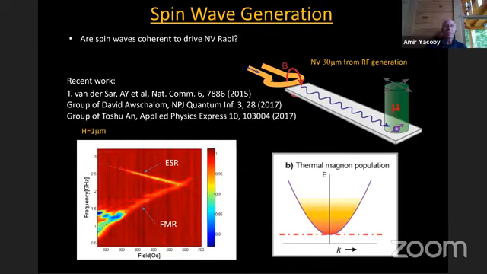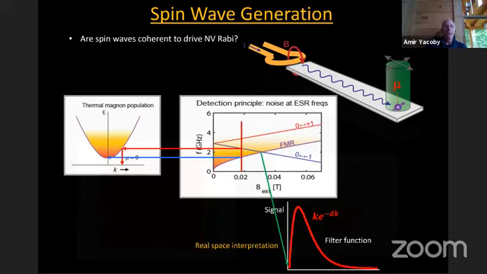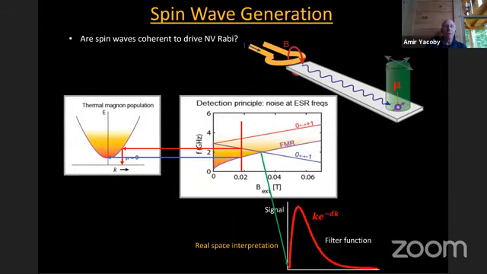So now let's look at this dispersion for a minute. What I'm showing in the middle plot here is, first of all, the ferromagnetic resonance as a function of magnetic field, this kind of square root dependence. On top of it, I'm also showing the ESR lines for the transition of the NV center from 0 to -1 and 0 to +1.